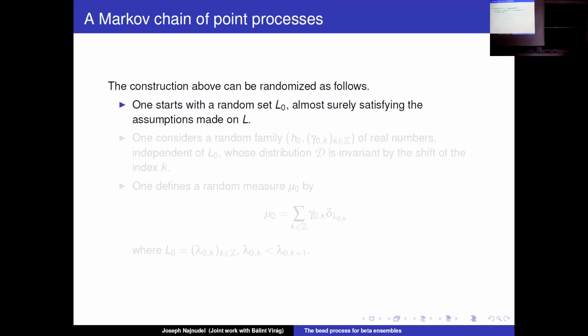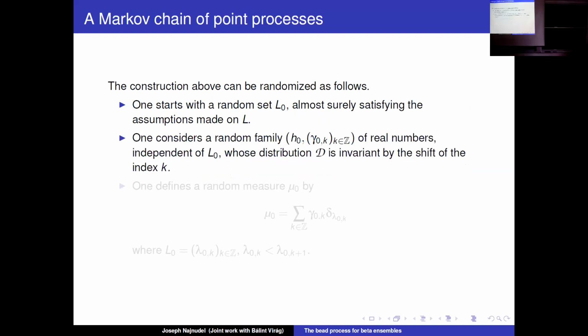So we start with a random set of points, almost surely satisfying the assumptions I gave before. And then we consider a family of random levels and random weights, a family of real numbers independent of the point process.